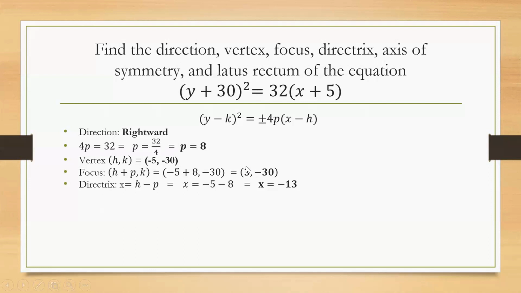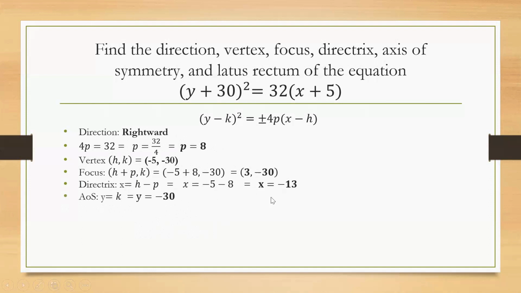For our directrix, we do the opposite. So that's x equals h minus p. So put in the values, negative 5 minus 8, which will give us x equals negative 13.